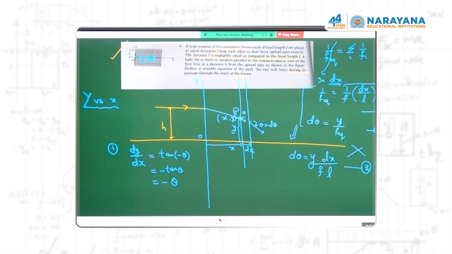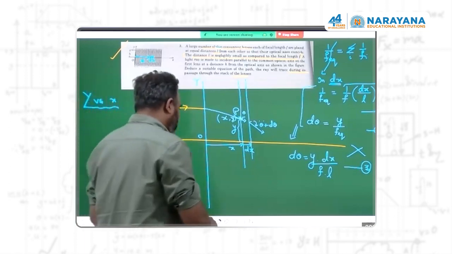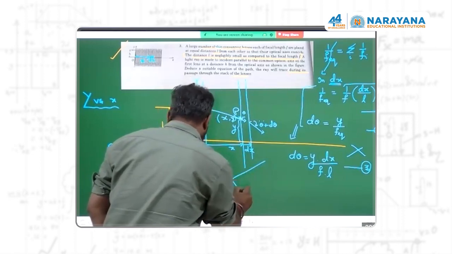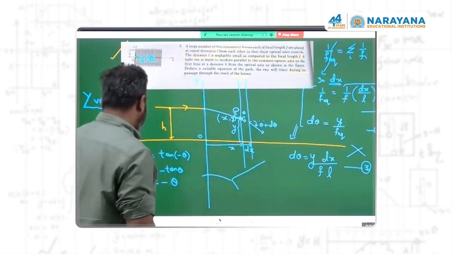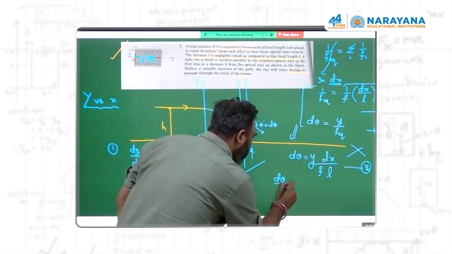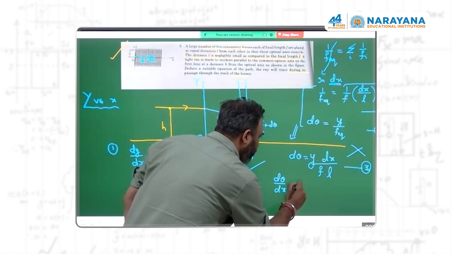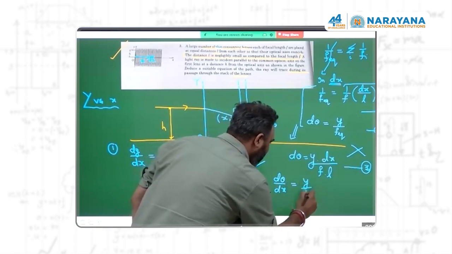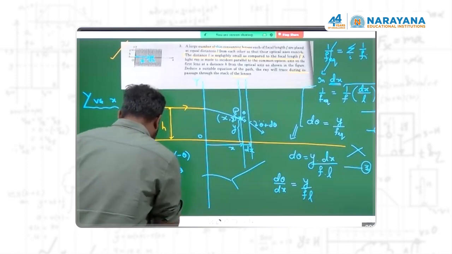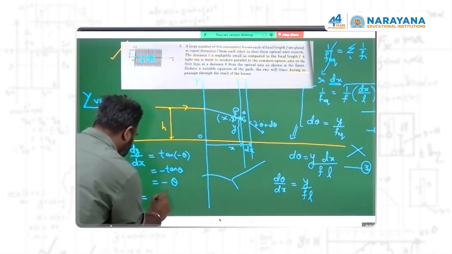So now I think it can be easily solved, because from these two equations, I want to eliminate that term theta. So it seems like d theta by dx is coming out as y by fl, and theta itself is dy by dx. Now theta itself is minus dy by dx.